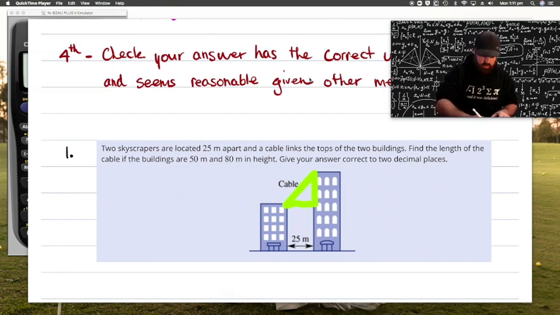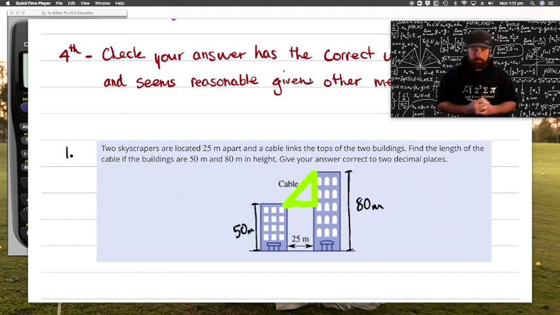So part two was to add all the information we can. Well, I know that this building here is 80 meters tall, and that building there is 50 meters tall. The difference between those two buildings is 30 meters. So my triangle has got to be 30 meters tall.